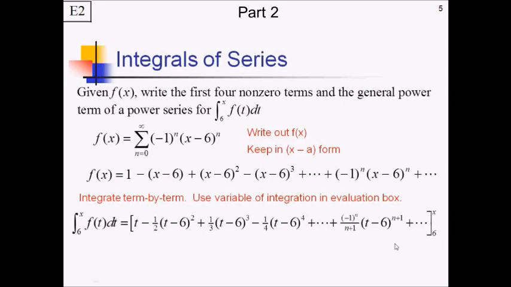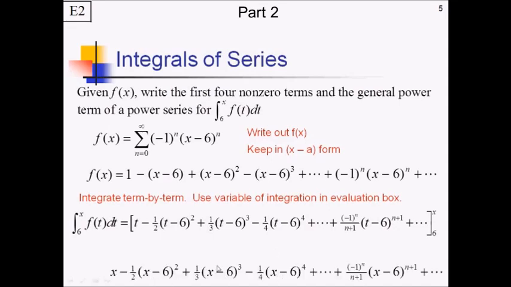The very first thing I'm going to get when I plug in here is plugging x in for all these t's. So I'm just rewriting all of this stuff with x's instead of t's. Literally, I just cut and pasted and put x's in there. I've got x minus 1/2 times x minus 6 squared plus 1/3 times x minus 6 cubed, and so on and so forth. But now you have to be careful, because if you plug in 6, you'll notice that a lot of these terms are getting zeroed out, which is great.